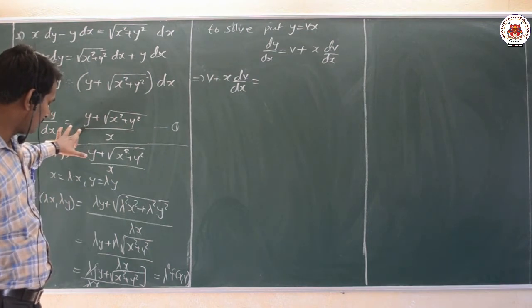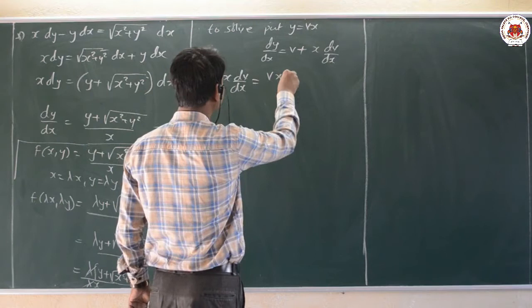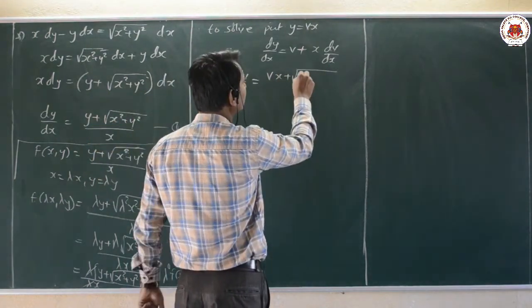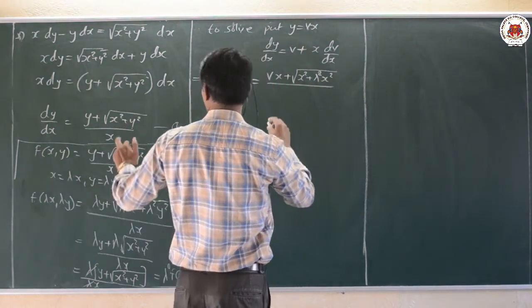Now what is the value of y here? Substitute vx, plus the root of x square plus y square, that is x square plus v square x square, whole divided by x.